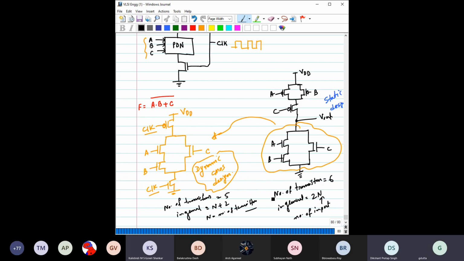So everything started from this point of view only, that if you have to design some Boolean function with a minimum number of gates, how do you design it? We have discussed a couple of other things. For example, can you recall the pseudo NMOS design? For pseudo NMOS design, it is even less, it is n plus 1.